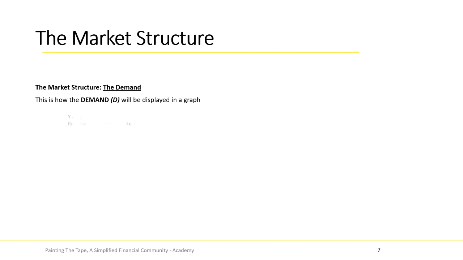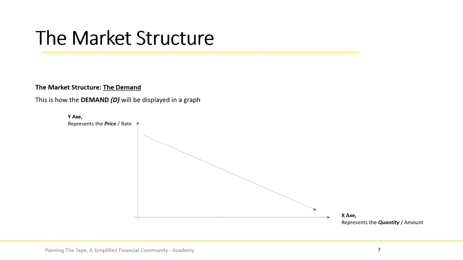We have the y-axis, which represents the price per unit, and the x-axis, which represents the quantity. Let's add all the buyers in this market. We can assume there's only one buyer, and here we have the demand curve. At every point, I can understand what the price will be and what quantity will be offered in this market.